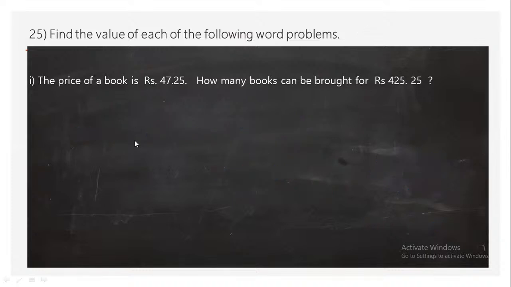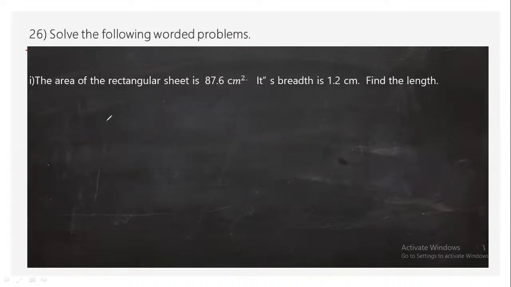Next question, question number 26. The area of the rectangular sheet is 87.6 square centimeters. You know that area equals length into breadth. Here the breadth is given, you have to find the length.